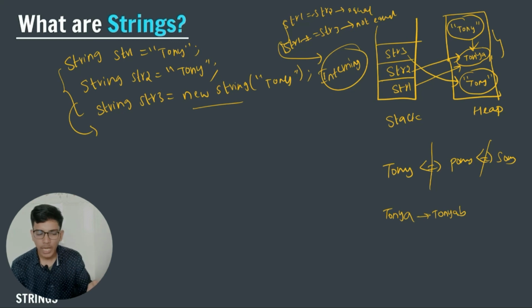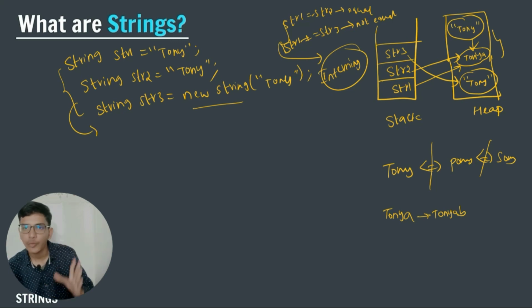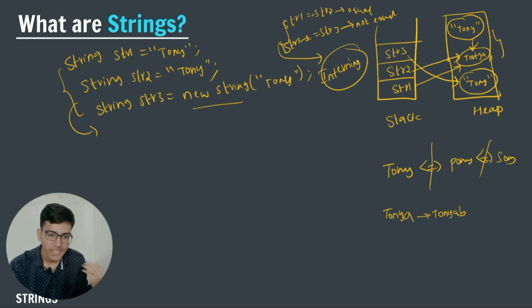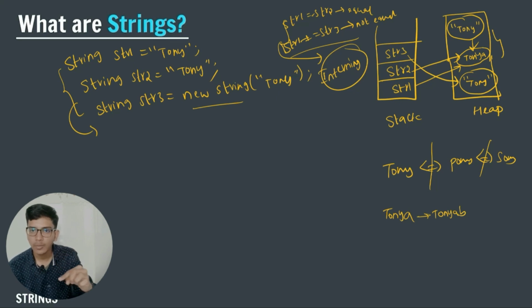Memory is allocated through a combination of stacks and heaps when it comes to strings. This is why we got str1 is not equal to str3, because of the interning concept: the object pointing to the variable is different. That's why we got the output as not equal.